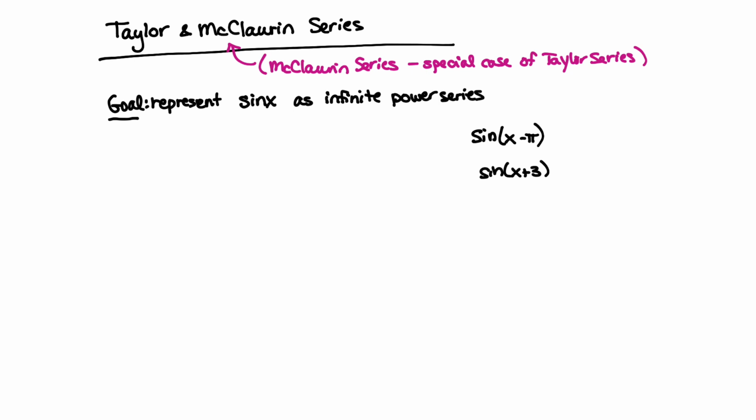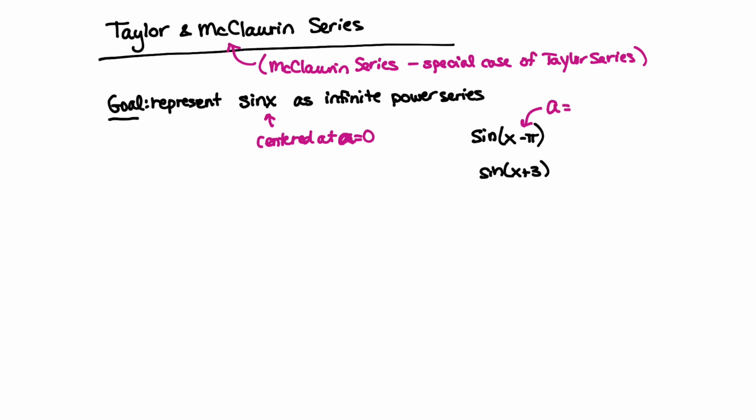So when we see sine of x, this is said to be centered at the origin, or x equals 0. And we're going to use the letter a as something that we center it with. This a is not the same as the geometric series a, okay? We use this a as the centering piece.